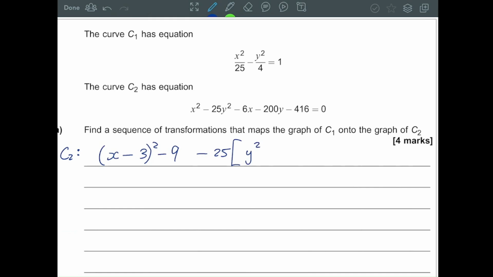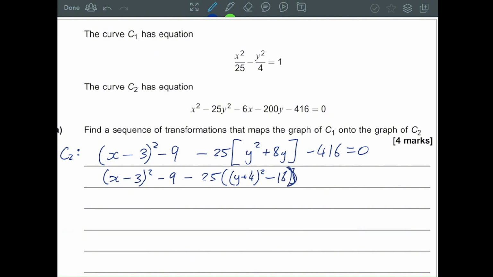And I'm not going to try and accelerate too fast through y. I've seen enough mistakes where students try and do that too quickly. Let's leave the x as it was, minus 25. It's going to be y plus 4 squared minus 16.